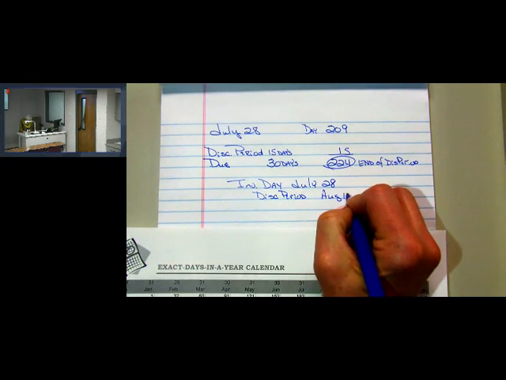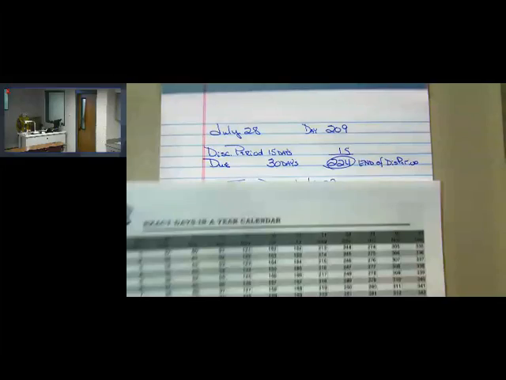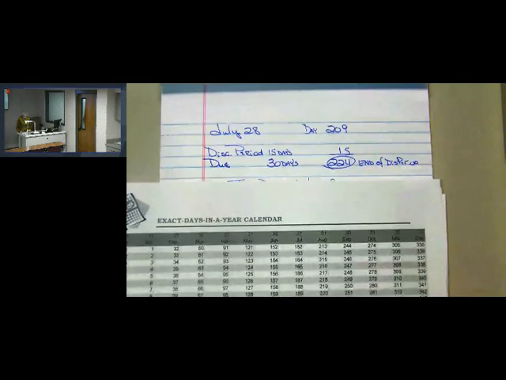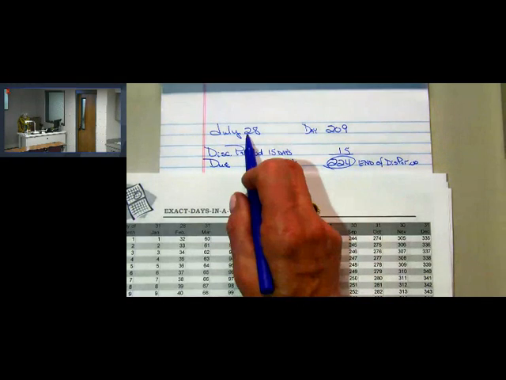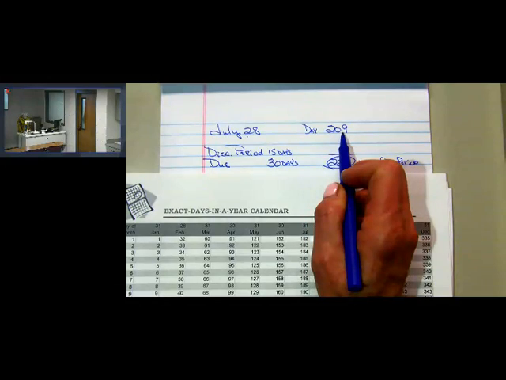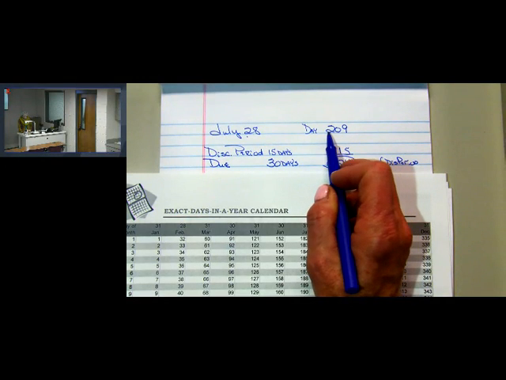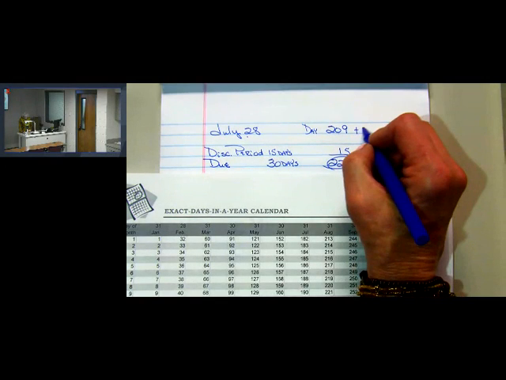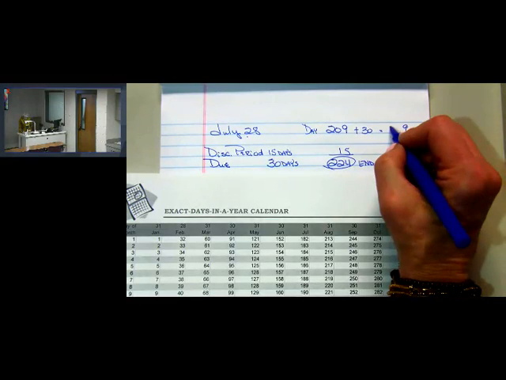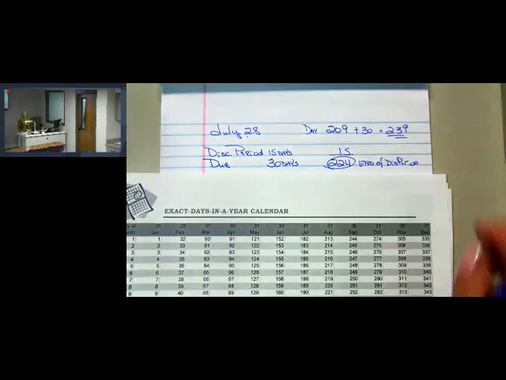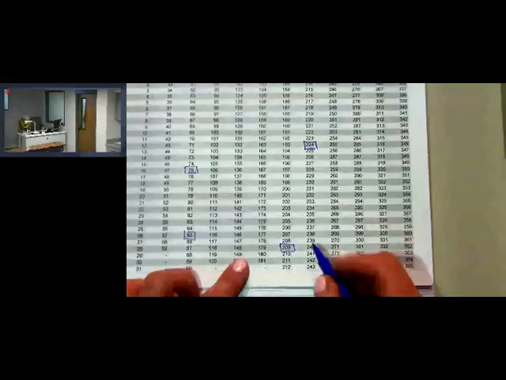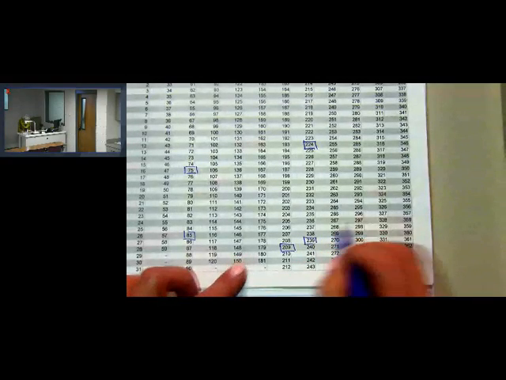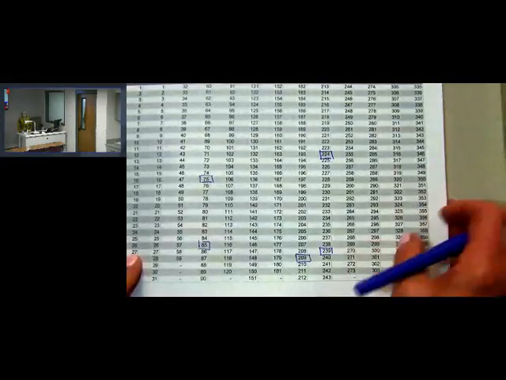So that's August 12th. All right, the other thing is the credit period is 30 days from July 28th. So if you add 30 days to July 28th, I know July 28th is 209. If you add 30 to that, that will give you day 239. What day is that? When is this bill due? Again, I'm zooming in here on day 239. That looks to be August 27th.